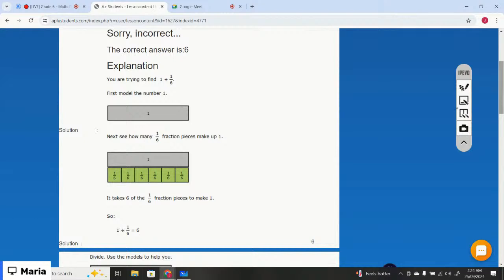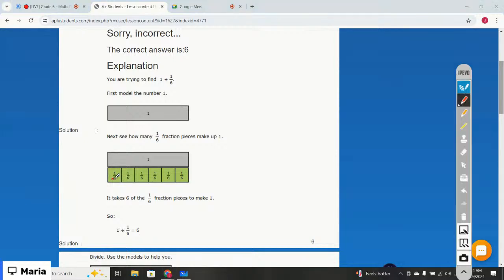First, model the number 1. Here is the model of the number 1, right? Then see how many 1 by 6 fraction pieces make up 1. You have 1, 2, 3, 4, 5, 6 pieces of 1 by 6 that make 1. So 1 divided by 1 by 6 is 6. The correct option is 6.